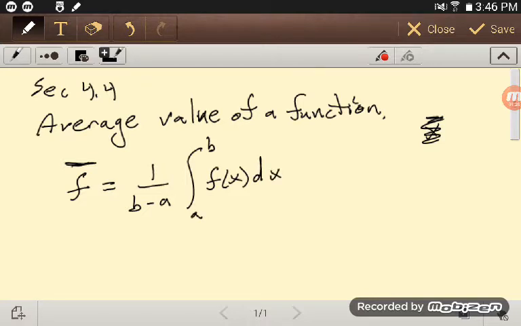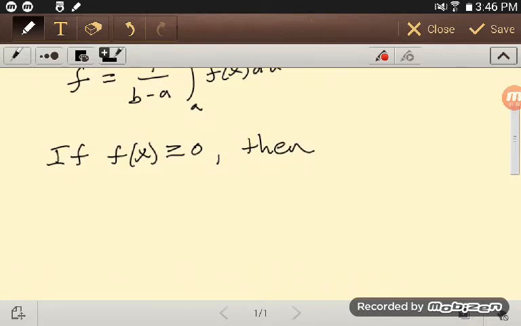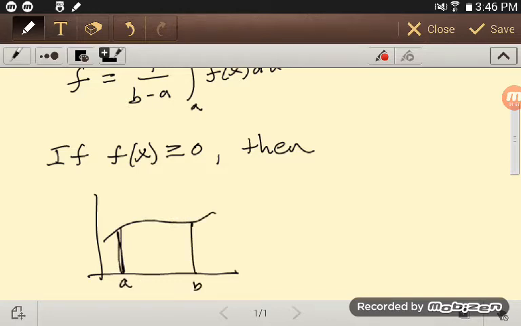Now, what the heck is this? Well, a great way to look at it is if f of x is greater than or equal to 0, then our picture of this situation is, here's a, here's b.